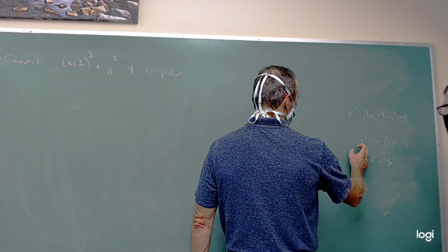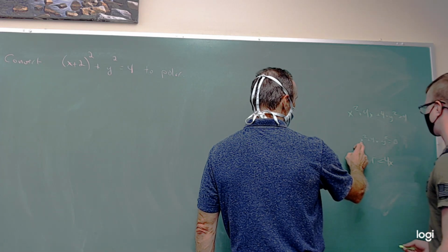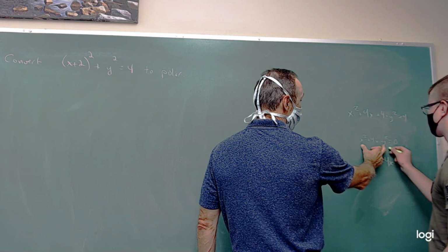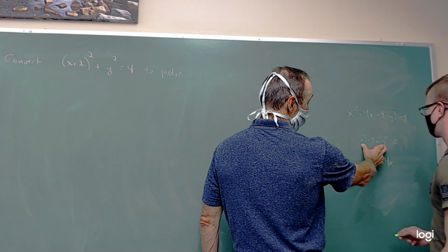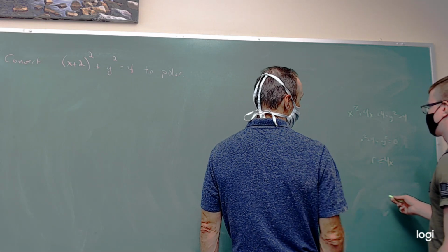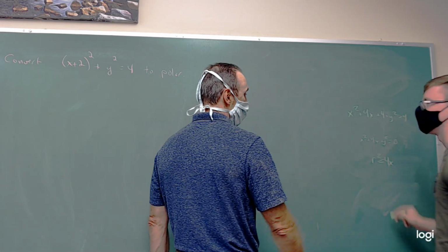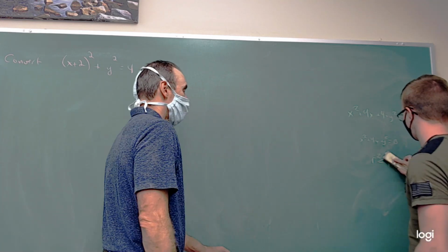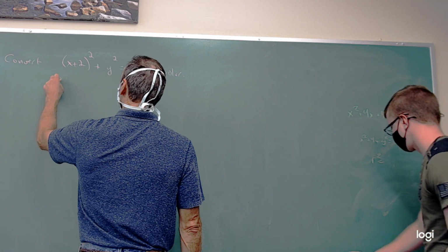So you can either call this r cosine theta squared, or jump to x squared plus y squared is r squared. And the x is going to be r cosine theta. So the x here, we're going to call r cosine theta. Then divide both sides by r.